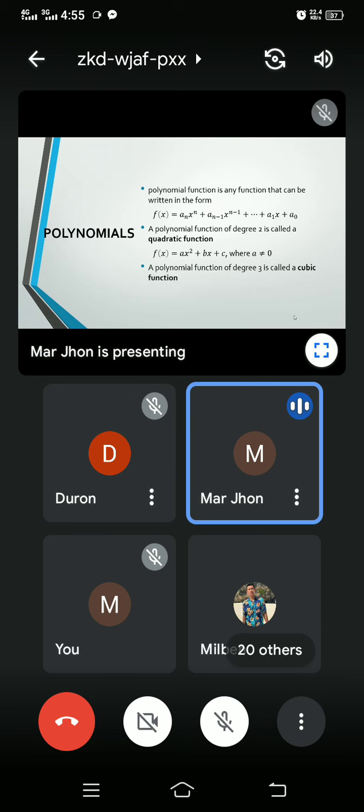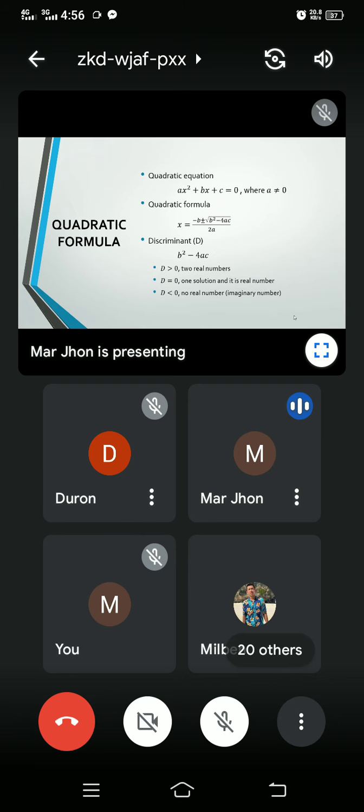So, the form of f(x) equals a sub n, x to the power of n. The quadratic formula is x equals negative b plus or minus the square root of b squared minus 4ac, over 2a. And the discriminant is determined by b squared minus 4ac.